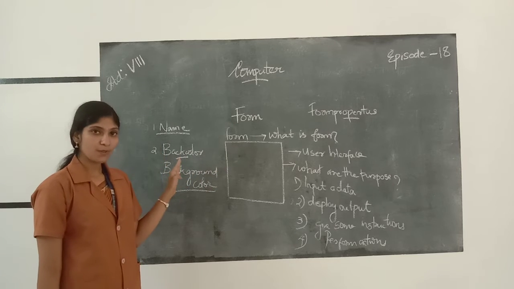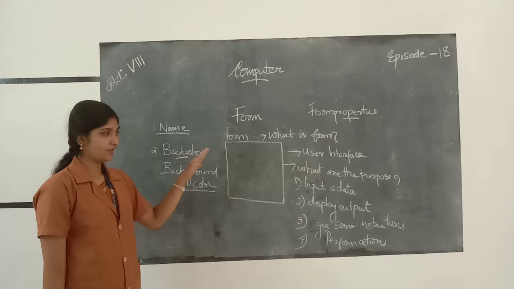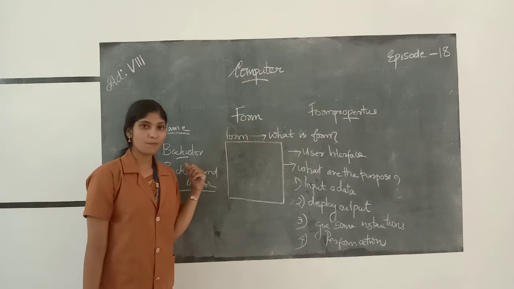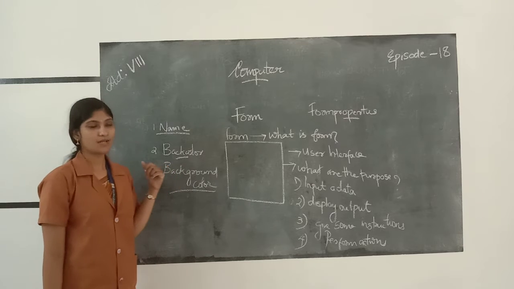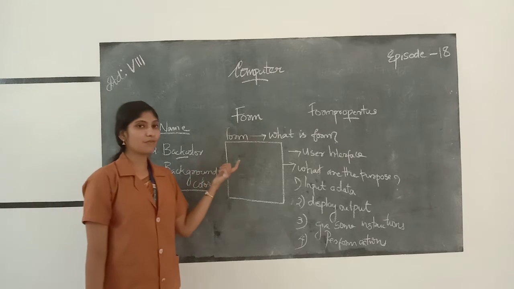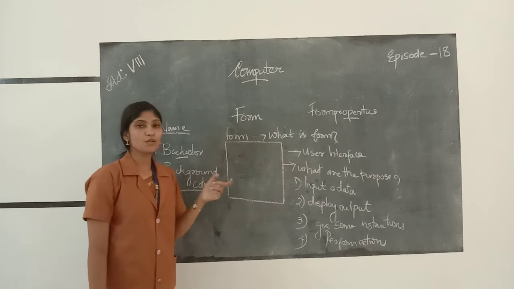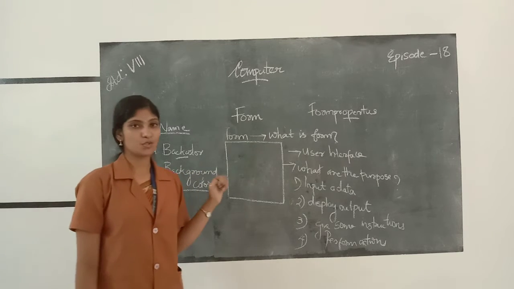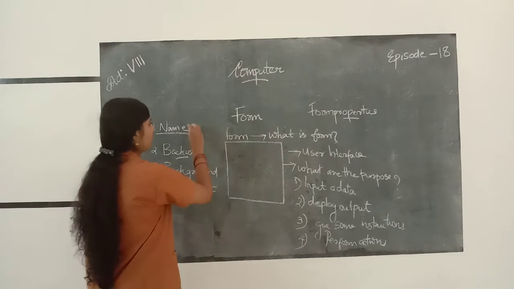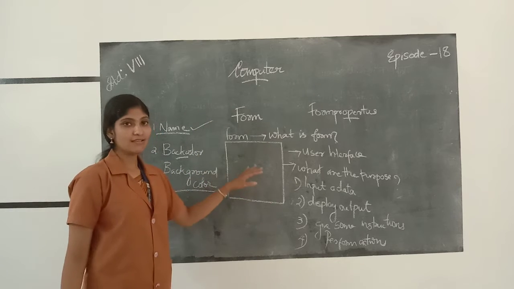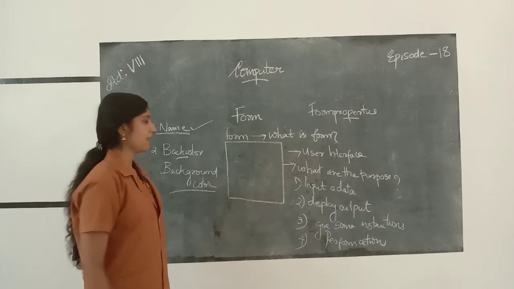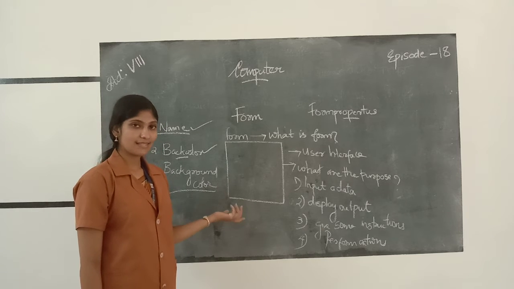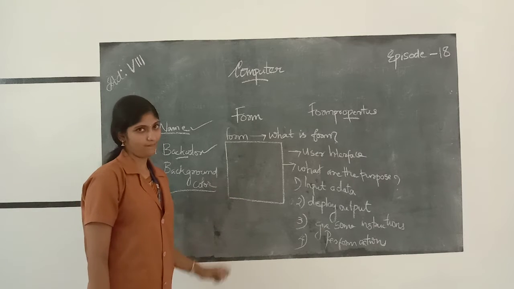So using the property back color, we can set a background color. Using which property? Back color. Right? So if you want to give any color to this form, you can go to the property named back color and assign a color to it. Okay? So first property name, we can put a name for this shape, and then second property is back color. We can assign some colors to this form.